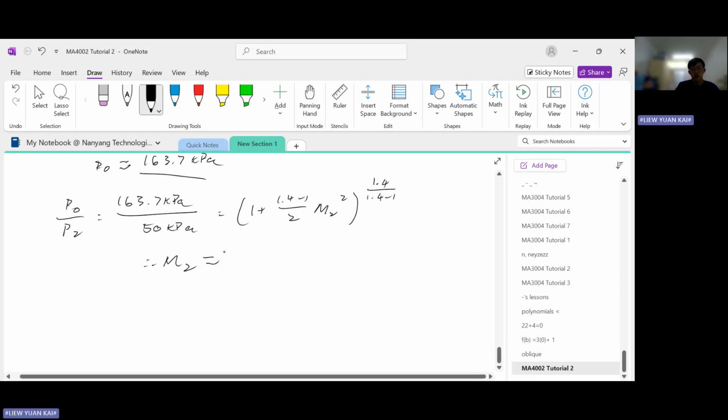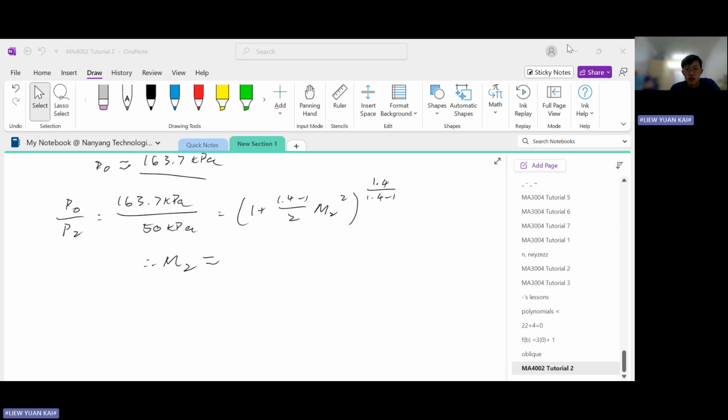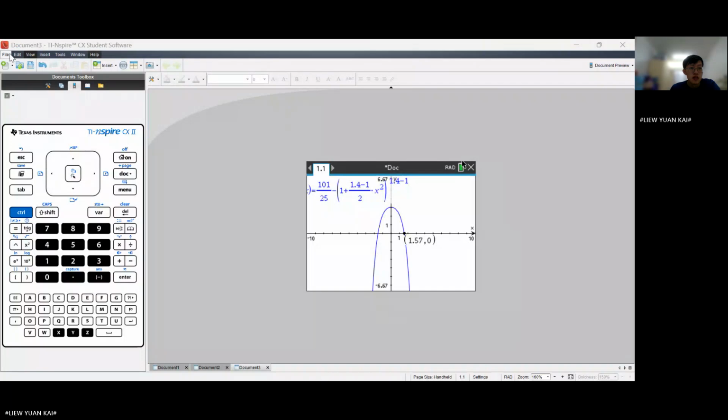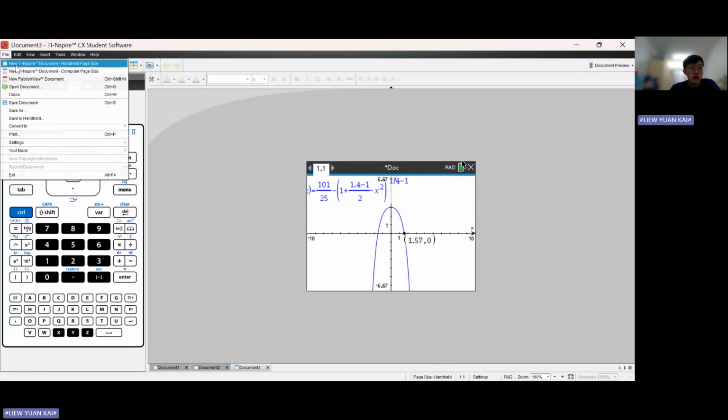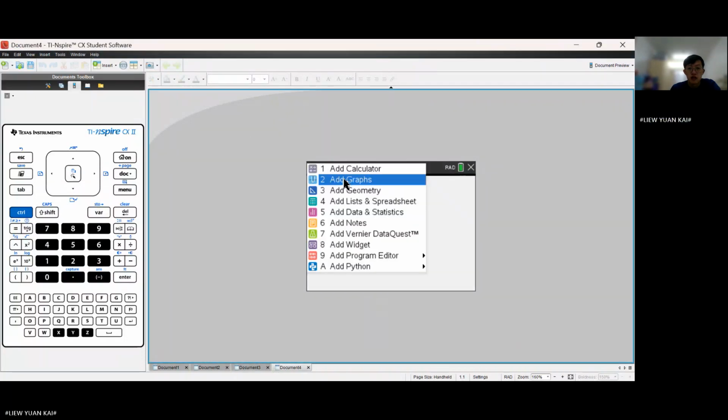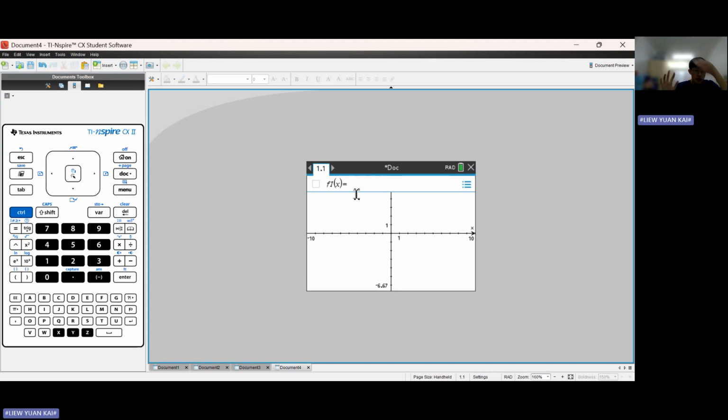So now M2 is our unknown. You can solve this algebraically, but I'm going to show you how to use your calculator to find this. Let's open a new document. We want the graphs. The left-hand side shows 163.7 divided by 50, and the right-hand side shows that bracket.